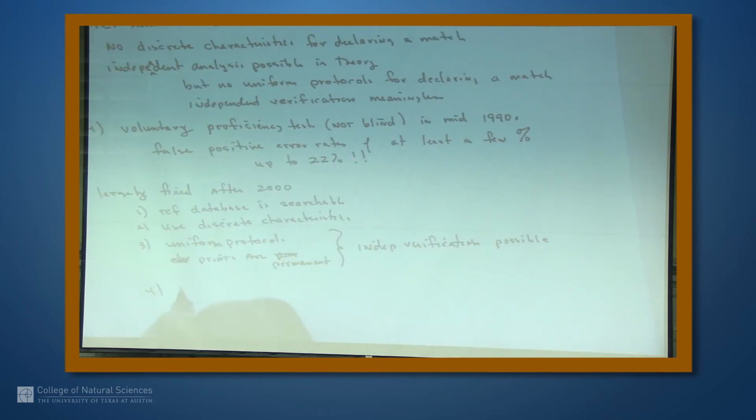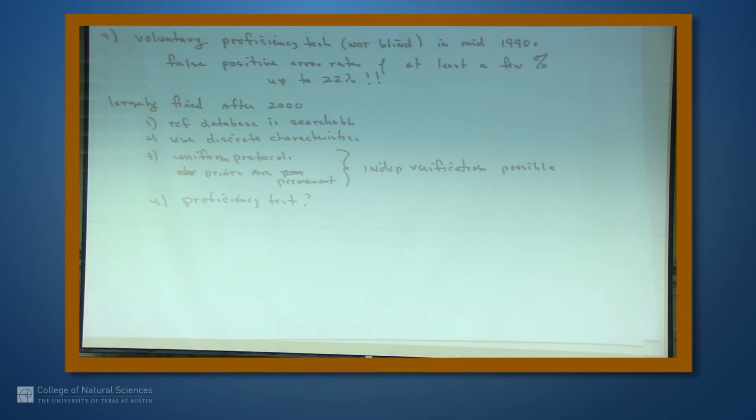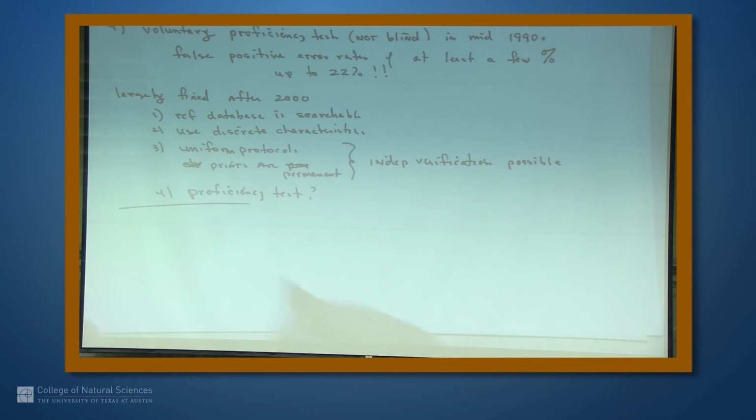I don't know about proficiency tests, but we can assume that they're done. Once independent verification is possible, it becomes almost automatic that you do proficiency tests.